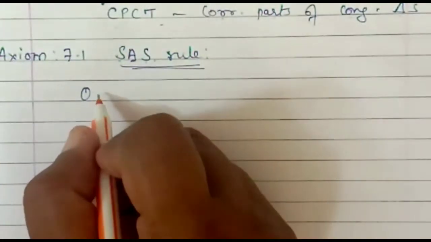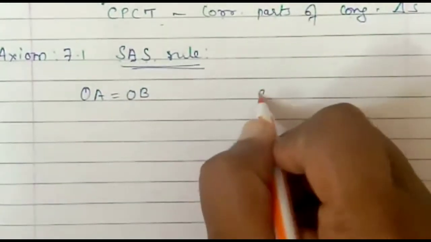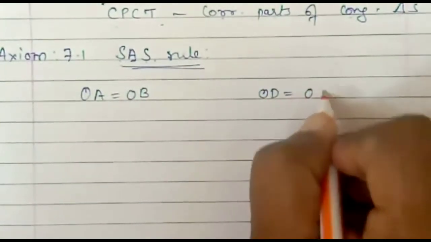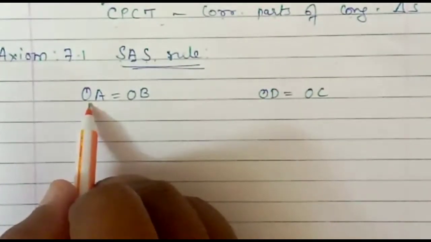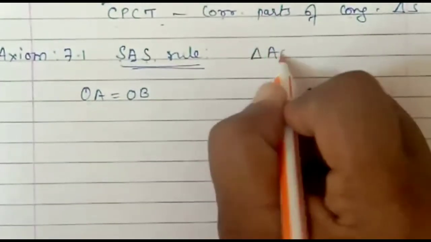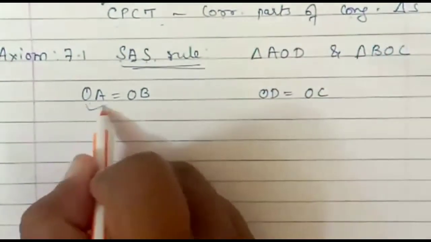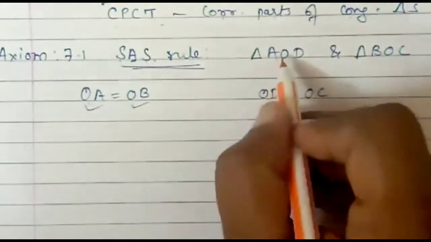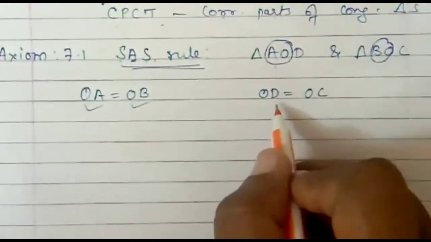Suppose somebody is asking you if side OA is equal to OB and OD is equal to OC. Please see carefully. We have two triangles, triangle AOD and triangle BOC. OA and OB are equal. OA is the side of the first triangle, OB is the side of the second triangle.